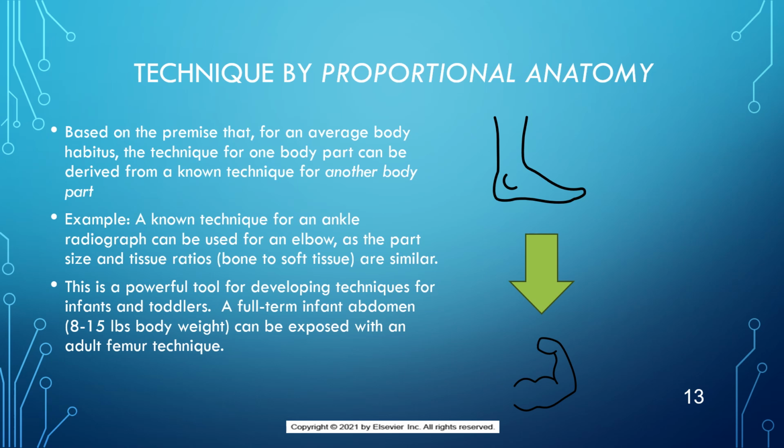It's the same size as an adult femur, okay? And so can you use a femur technique? Yes, you can. I've done it. You can totally use a femur technique on a baby abdomen. If you don't know a baby abdomen technique, but you know a femur technique, well, by proportional anatomy, you know a baby abdomen technique.